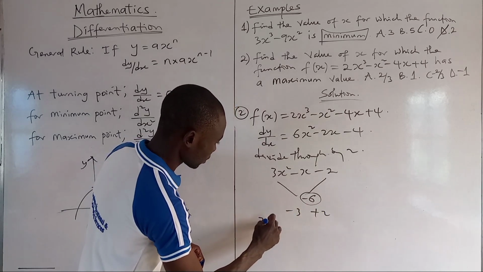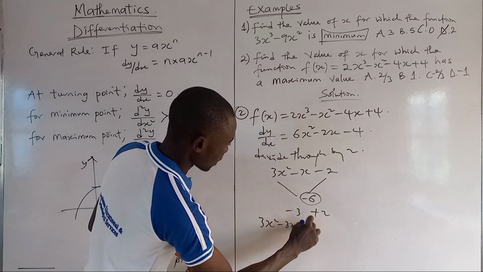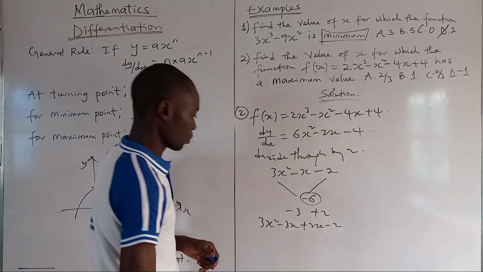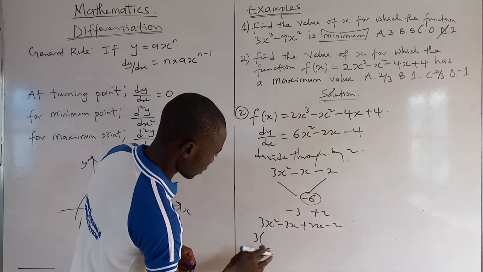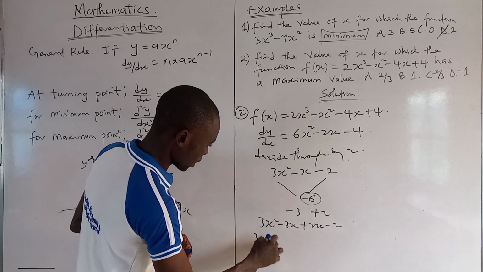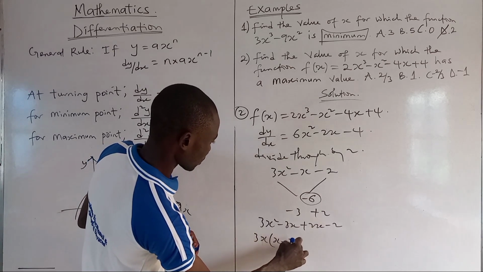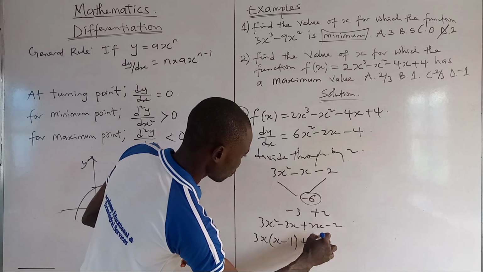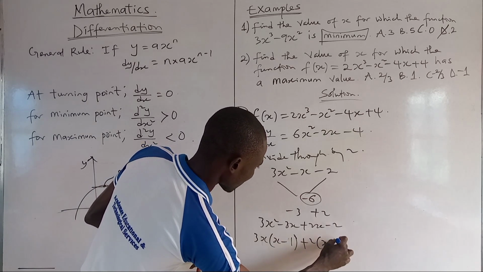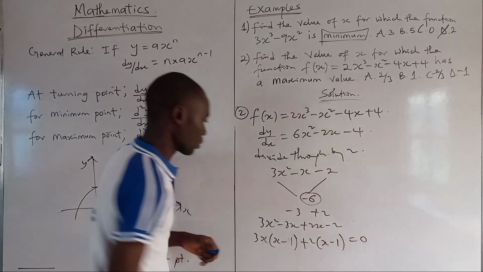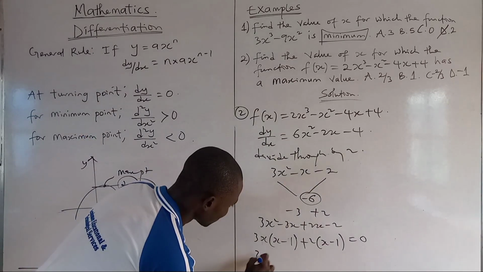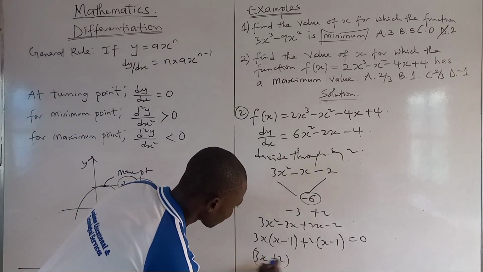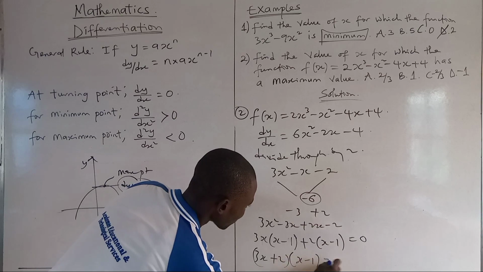So let's write 3x squared minus 3x plus 2x minus 2. If we factor this out, 3x plus 2, bracket x minus 1 equals 0.